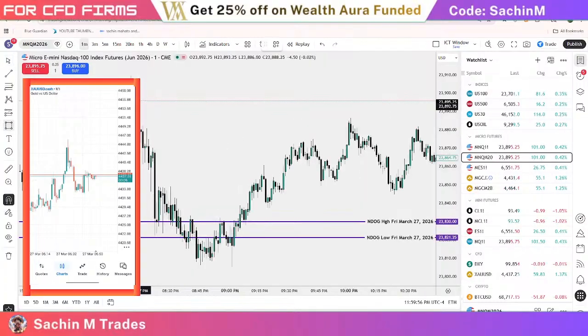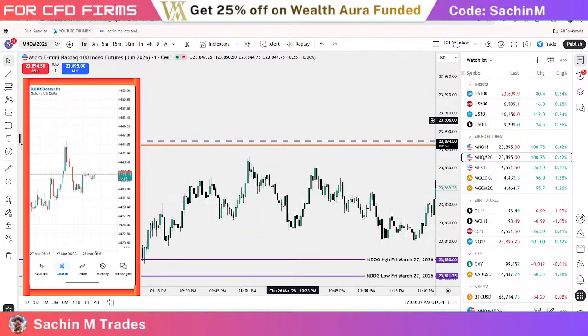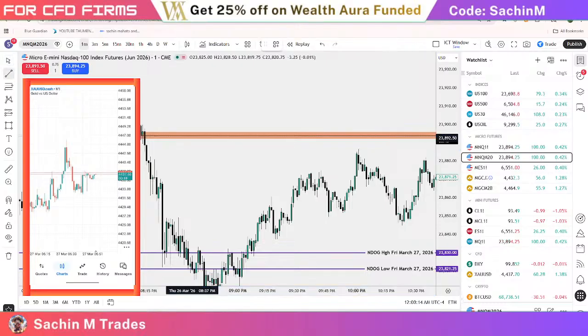It's the time of expansion. Let's see if this high is broken. If this high is broken, then we will have an inversion fair value gap.